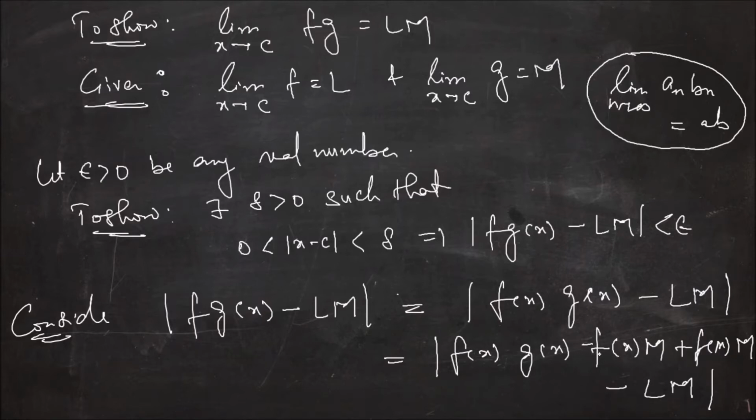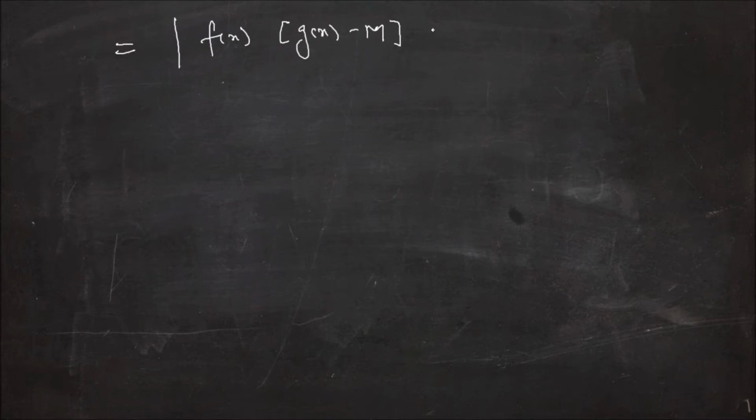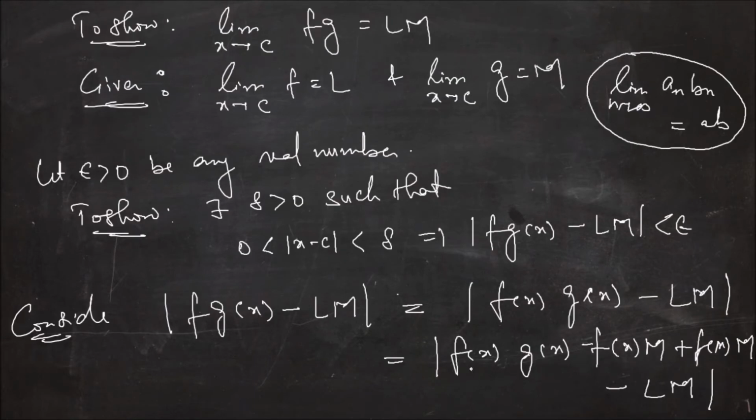So now we will take common and do some manipulation. This can be written as, I am taking f(x) common from the first two terms, so that will turn out to be g(x) minus m, and from the other two terms I am taking m common, so plus m times f(x) minus L. So when I take f(x) common, I get g(x) minus m.